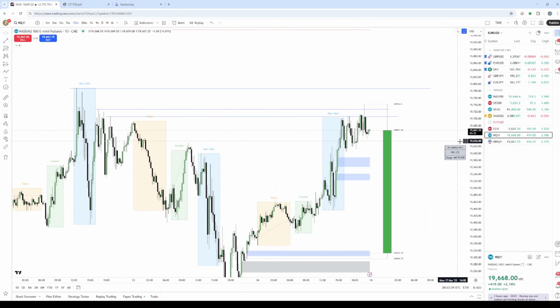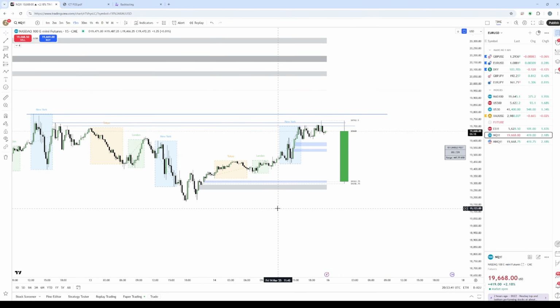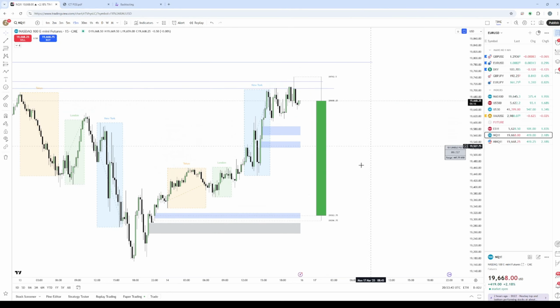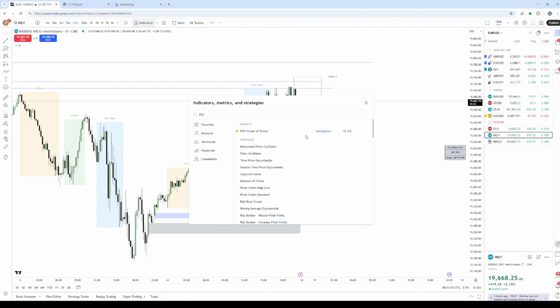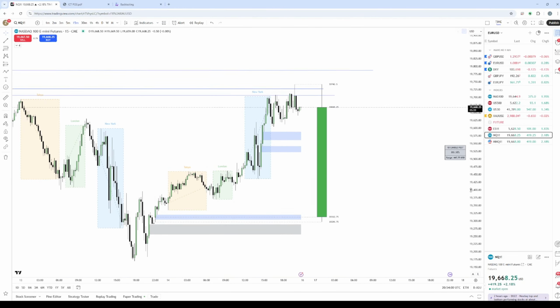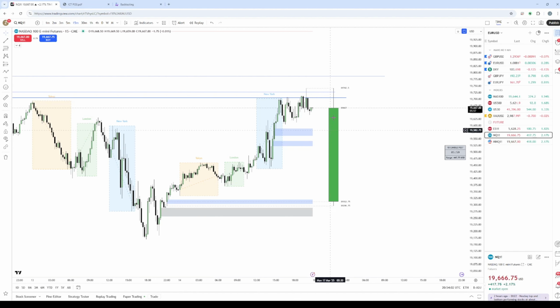Another good tip that I was going to tell you guys is on TradingView for this, there's an indicator called PO3. If you just search PO3, you'll see it there, higher time frame power of 3. Essentially, you can see the daily candle on the chart next to your trades.